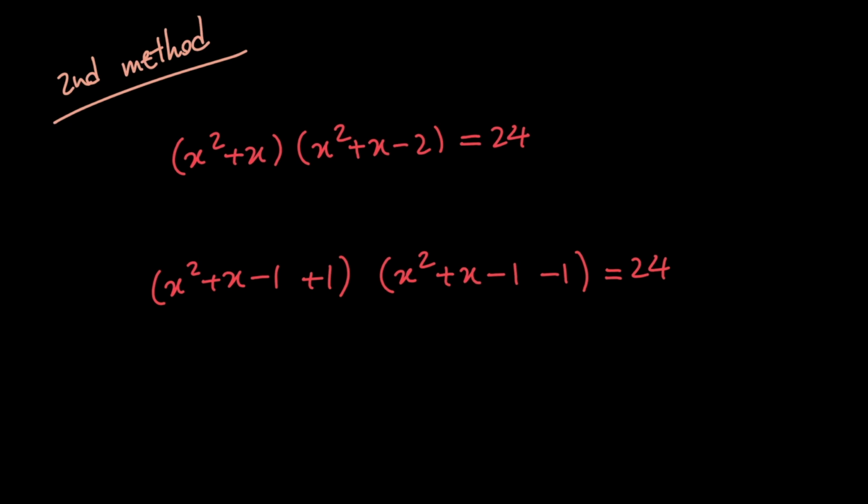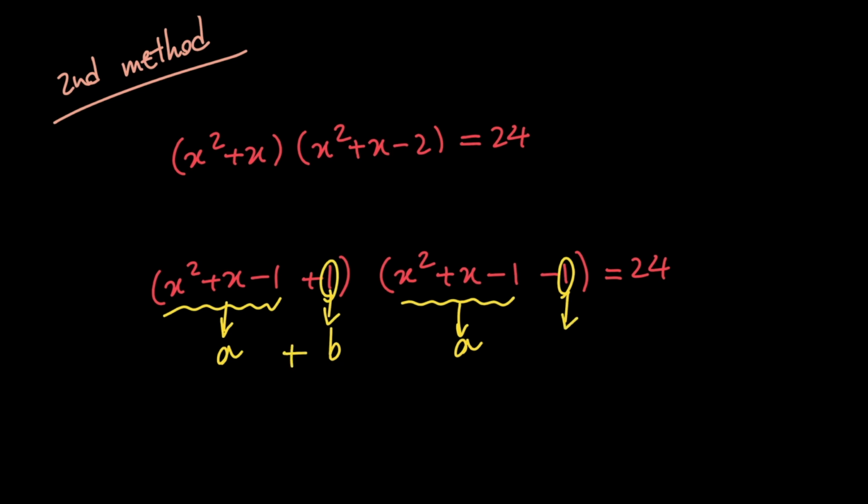Because if you take this and this as A and take 1 as B, you can see that we have (A plus B) times (A minus B), right? So we have two conjugates multiplying each other, which means that we can use the difference of two squares and write the left-hand side as (x squared plus x minus 1) squared minus 1 squared, which is 1, equals 24.